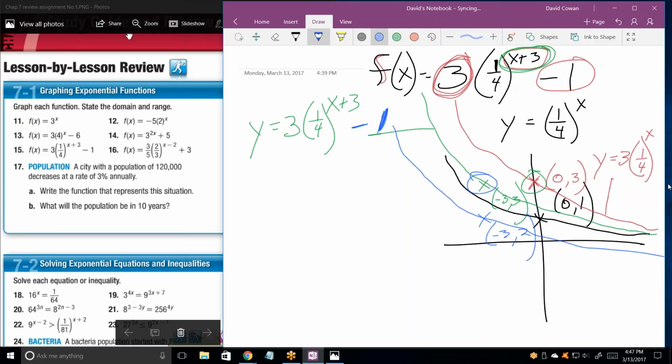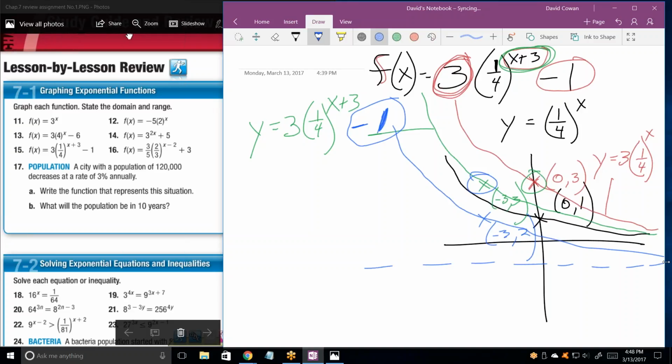Okay. Y equal numbers are horizontal lines, x equal numbers are vertical lines. Well, I just did a vertical shift down 1. That means my horizontal asymptote got shifted down 1 also. So instead of now being on the x-axis, it's down there.